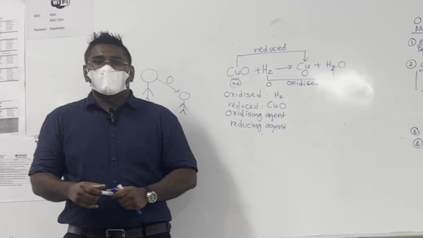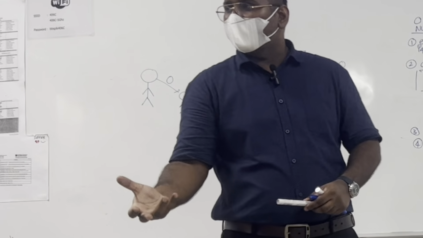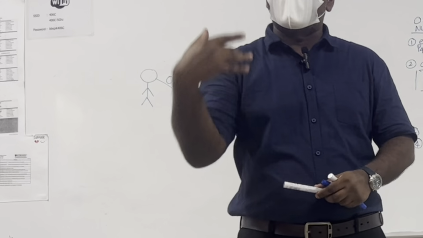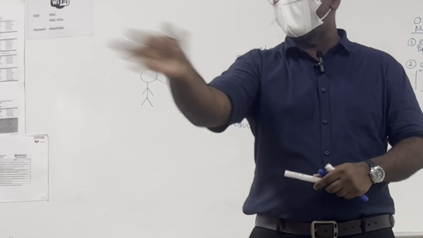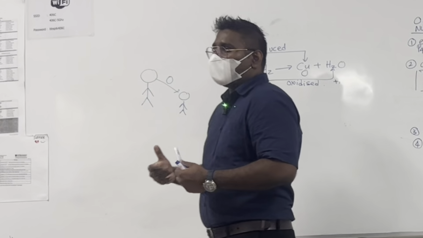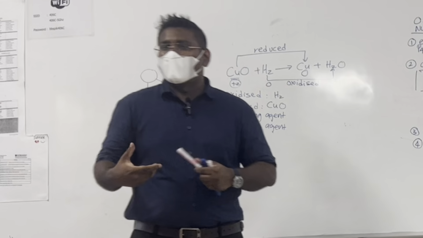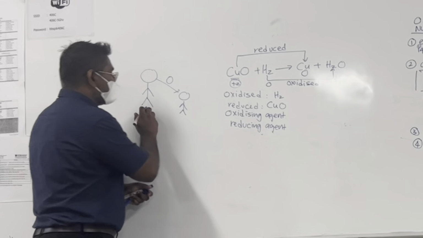Why? Because oxidizing agent is going to oxidize others. When he's selling, or when oxygen goes away from him, it means that he is getting reduced. Loss of oxygen atom is going to make this person get reduced.